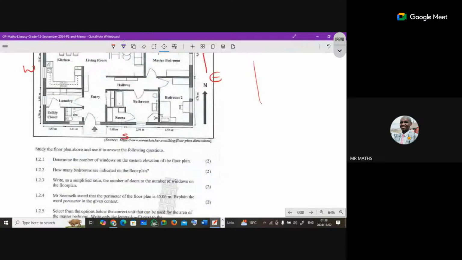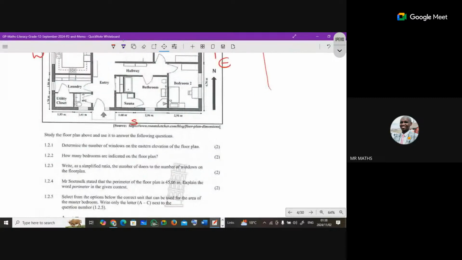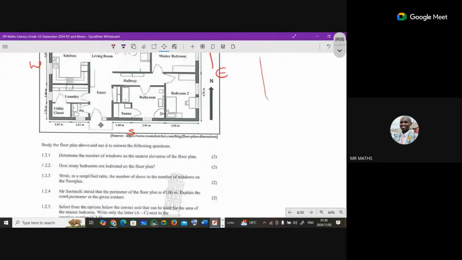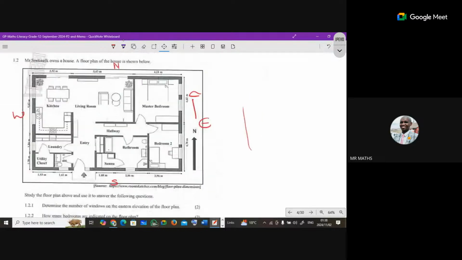The question: determine the number of windows on the east elevation of the floor plan. So the east elevation of the floor plan, this is the east elevation. Do we have windows there? Yes. How many windows do we have?